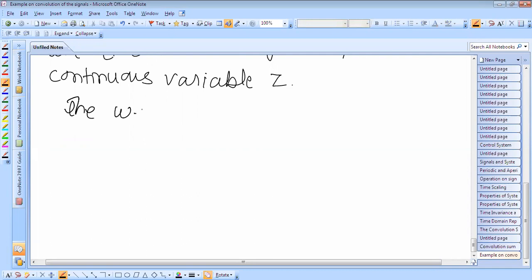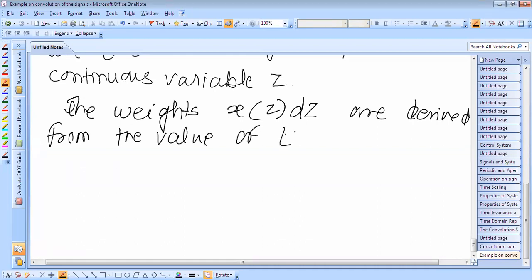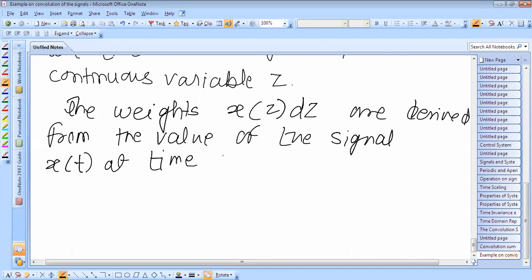So these weights x of tau d tau are derived from the value of the signal x of t at the time tau at which each impulse occurs.